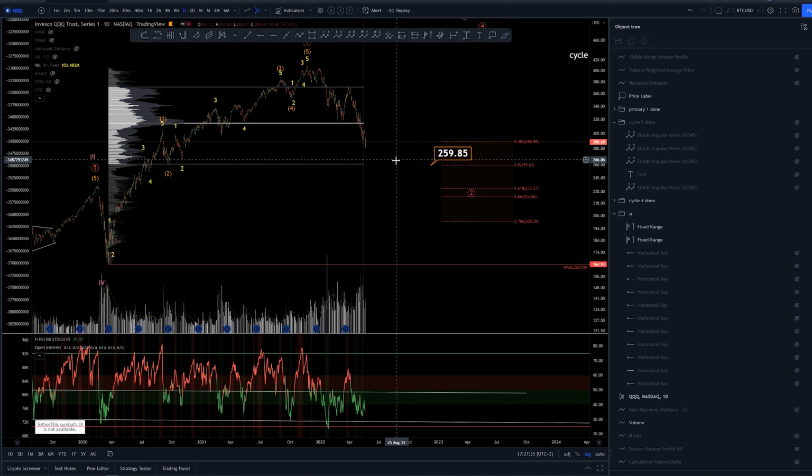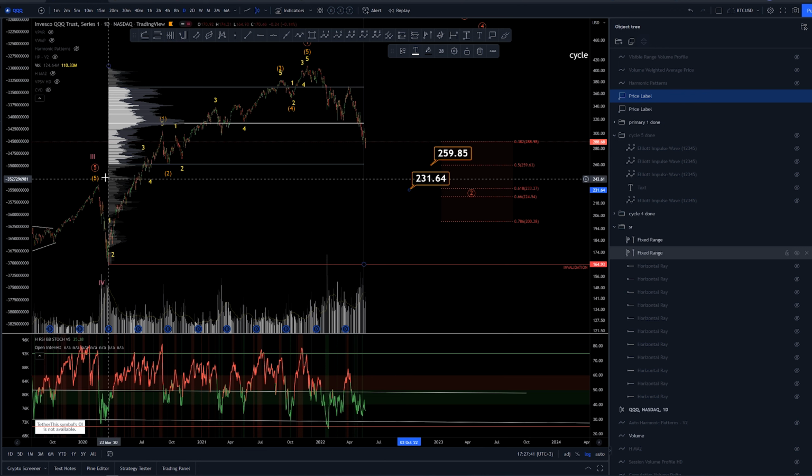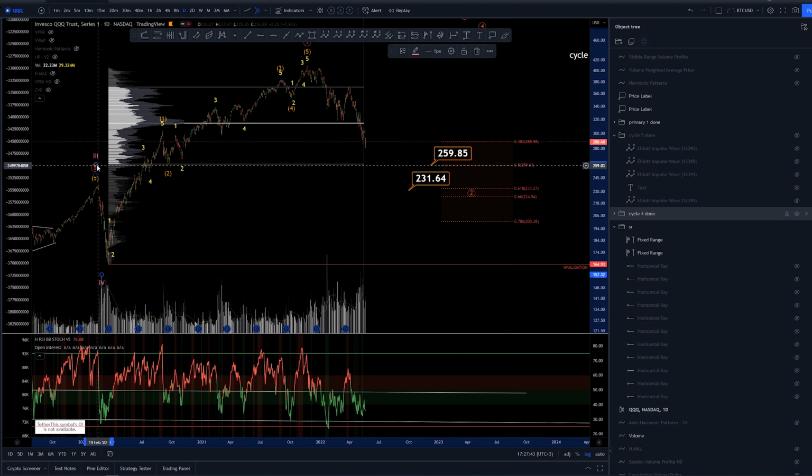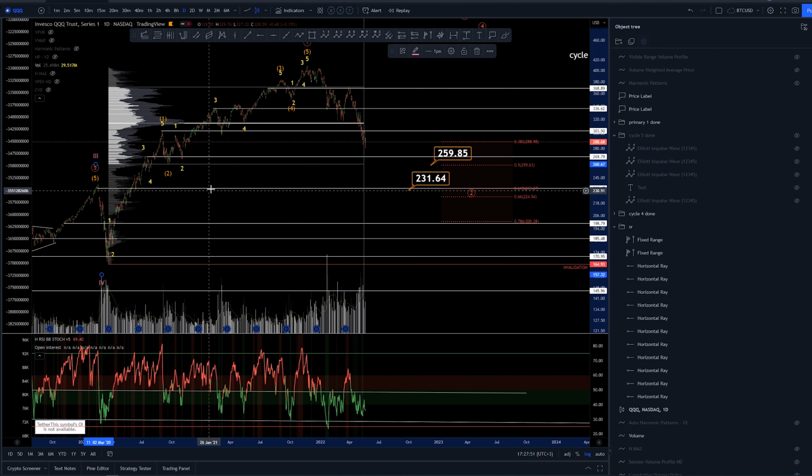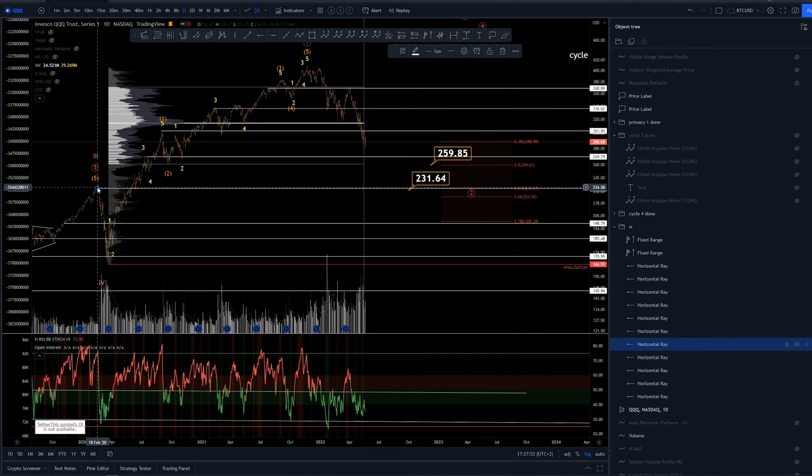Now around the golden pocket here at 0.618, we do have some kind of structural support here. The previous third wave's end was basically here, just about there. Let's see if there's something else. Yeah, I have one trend line drawn here from the top here. So that is going to definitely be some interesting area as well to look at.